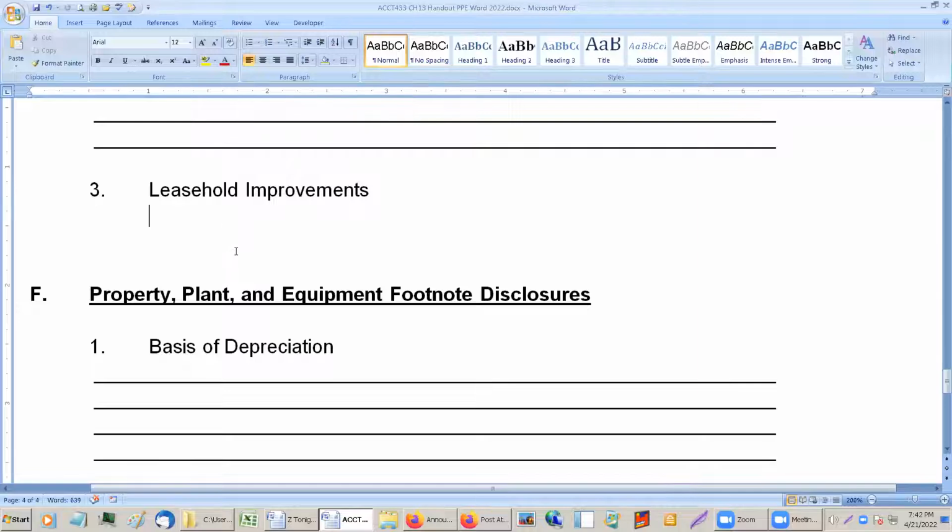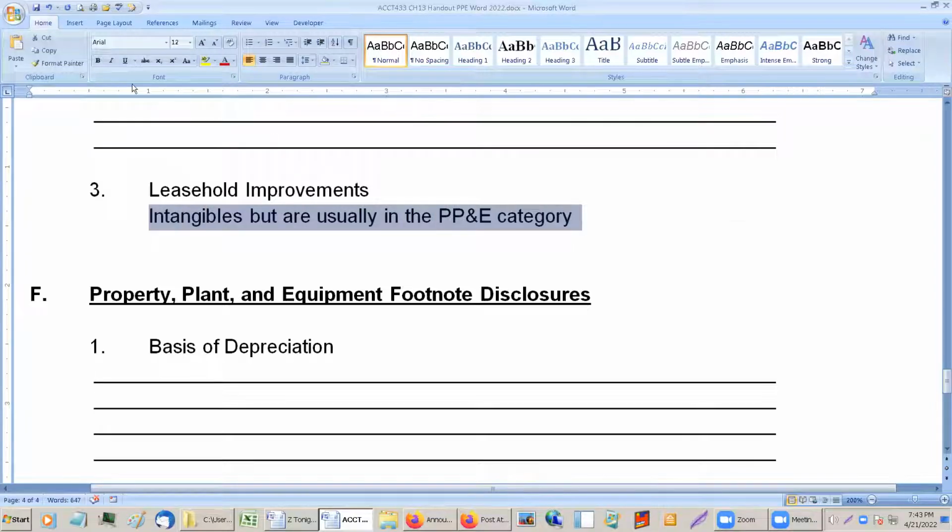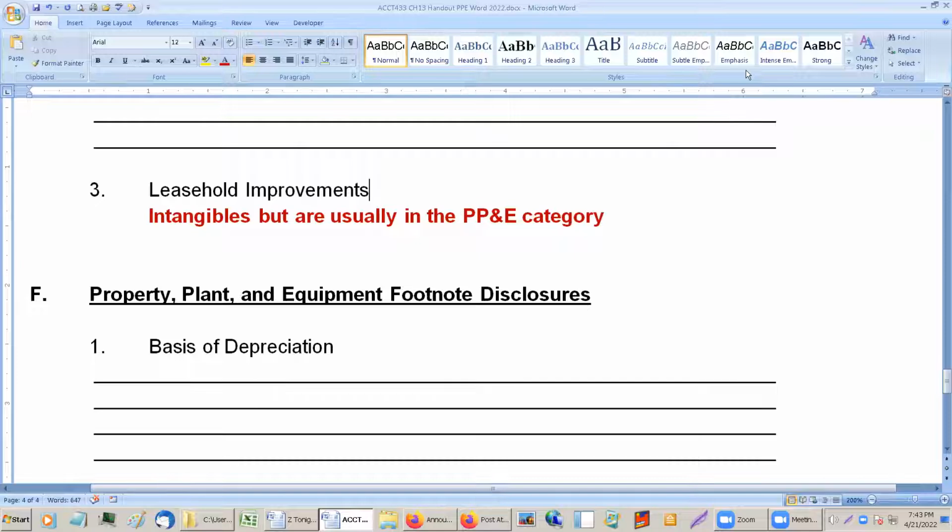Now, the weird thing about leasehold improvements is that they're intangibles, but because they're usually attached, they're usually thought of as kind of the property, plant, and equipment mode.